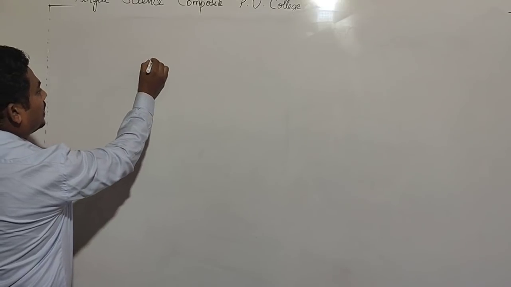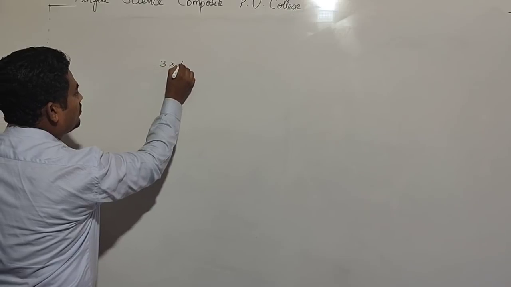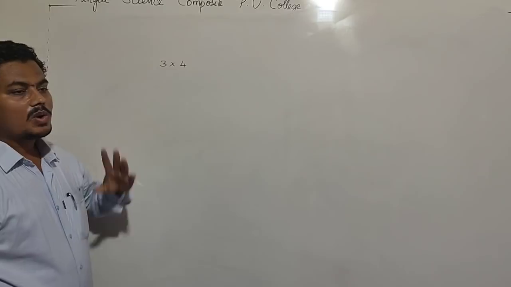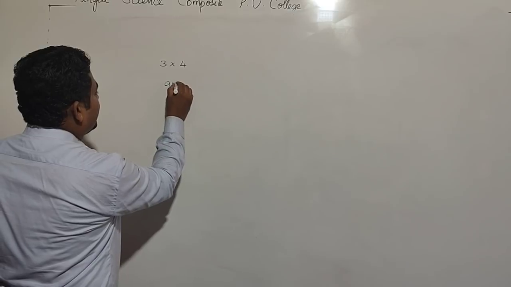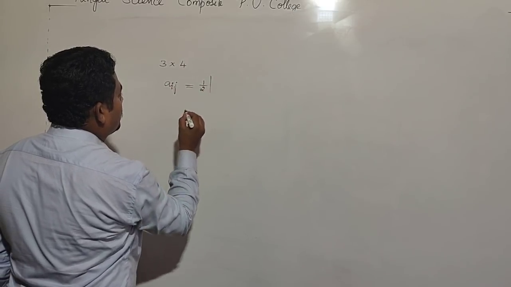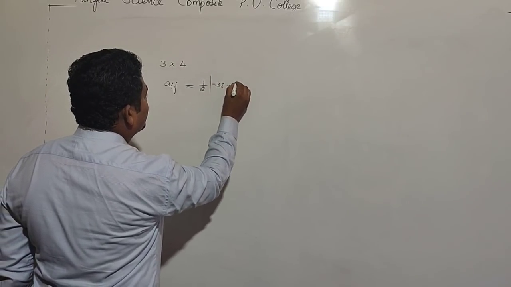Construct a 3 cross 4 matrix whose elements are given by Aij equal to 1 by 2 times modulus of minus 3i plus j.